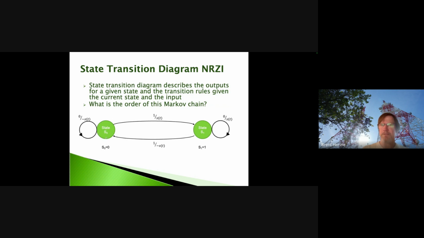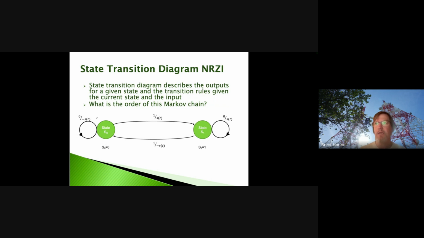But if we're in state 0 and we get a 0, we're going to stay there. You can work this out. This is that exclusive OR type of relationship of your existing state, your prior state, and the new input value.